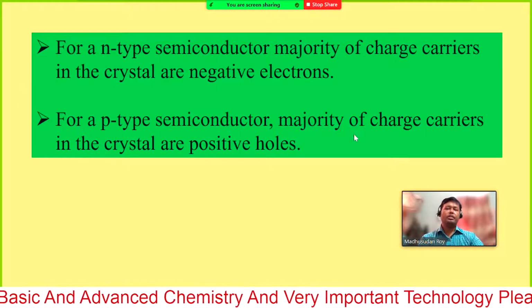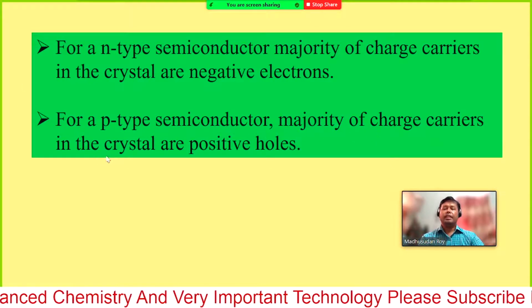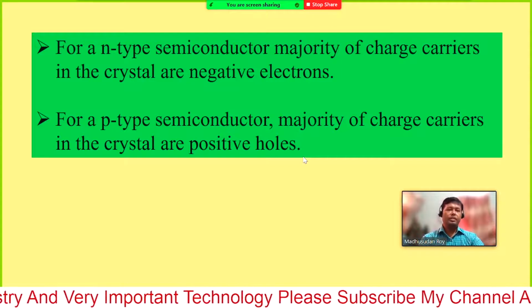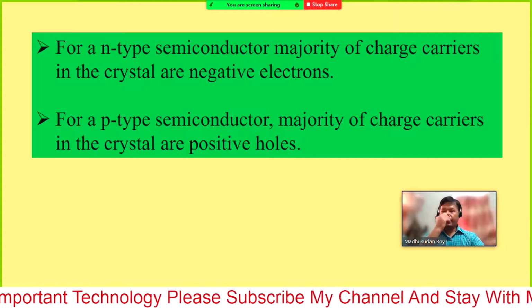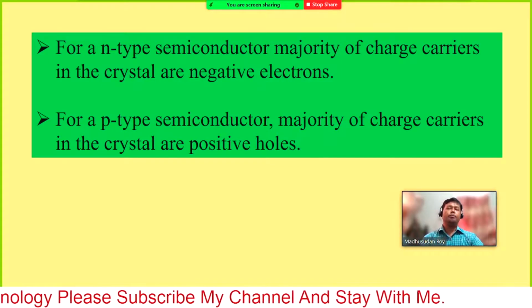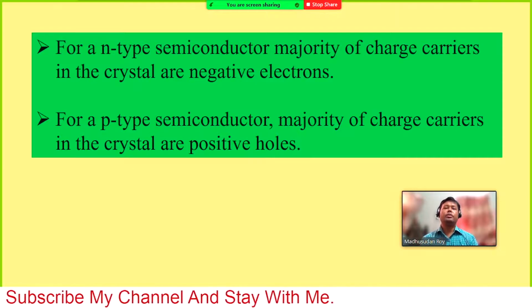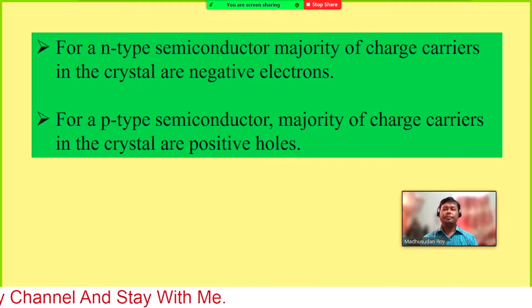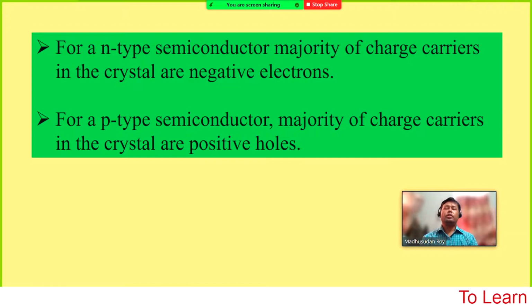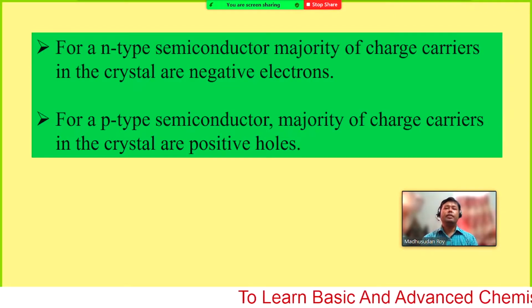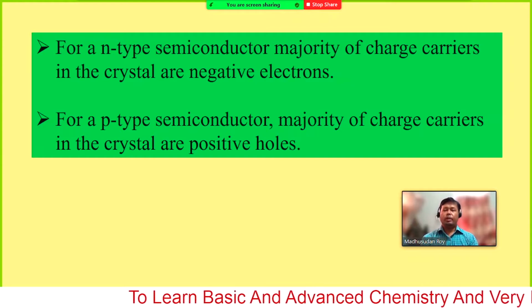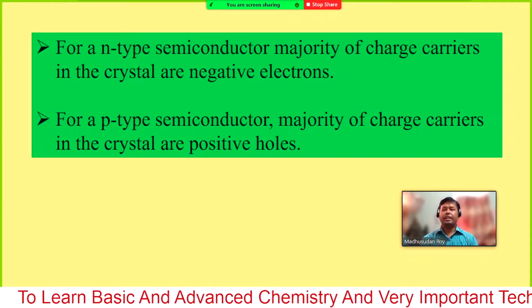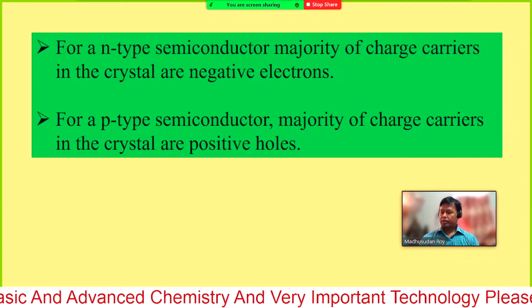For a P-type semiconductor, the majority charge carriers in the crystal are positive holes. We add some dopant having 3 electrons in the outermost shell, so there is a shortage of 1 electron, which we consider a hole, the place where 1 electron can sit. So for a P-type semiconductor, the majority charge carriers in the crystal are positive holes.